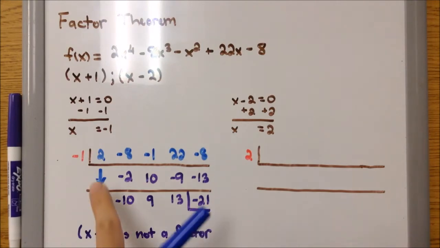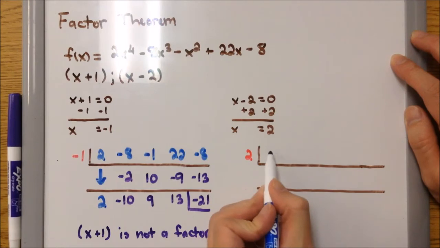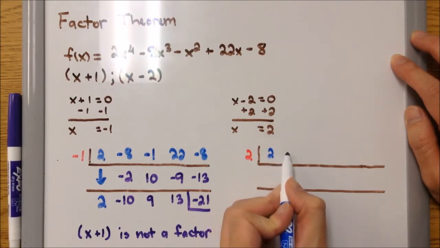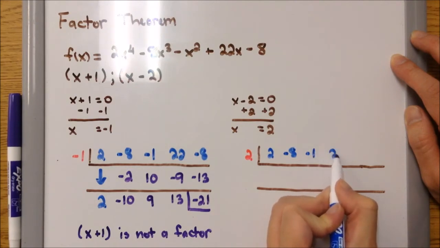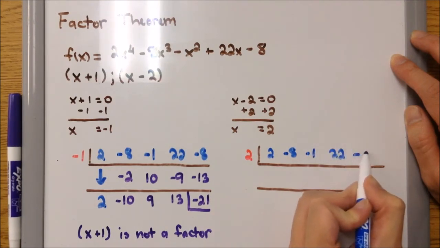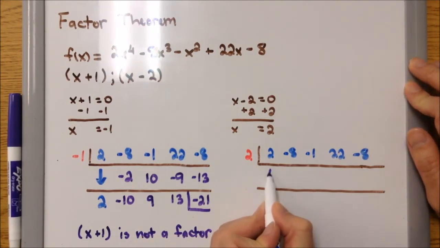So basically, we're using the same coefficients from the same problem. So 2, -8, -1, 22, and -8. And of course, first step, bring down the first number.